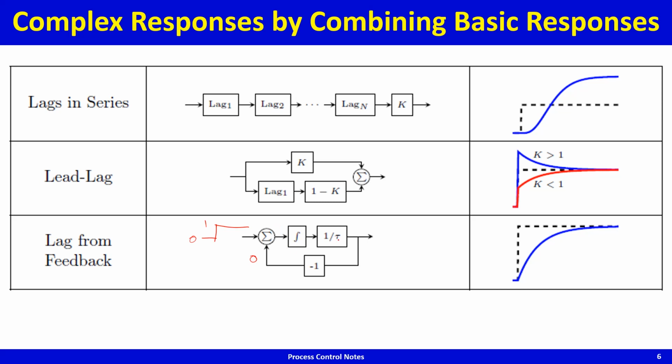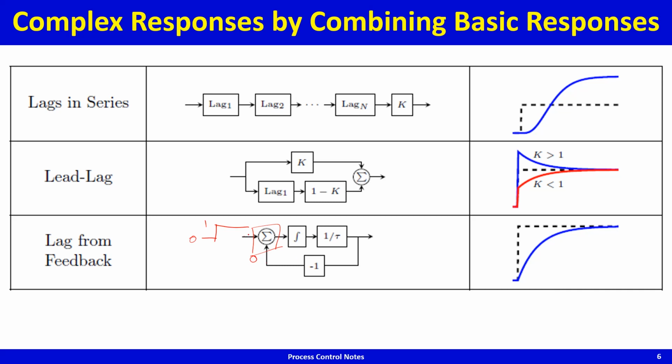When you integrate it and multiply it by a constant, this signal starts to rise, the output signal starts to rise, but then you subtract the output signal out of here. You multiply it by 1, so basically you are subtracting the output from the input. This is a summing junction. You are summing this signal and that signal.